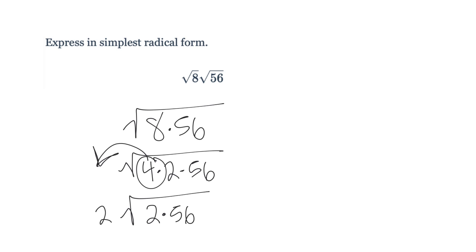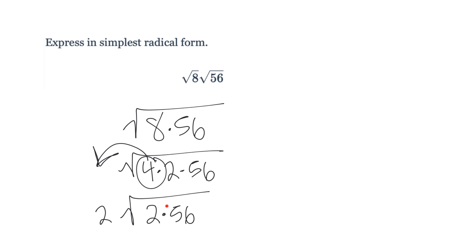Okay, now we need to worry about 56. What hidden squares are there in 56? Let's see. A hidden square is either going to be a 4 times something or 9 times something because 3 times 3 is 9. Or maybe it'll be 16 or 25 or something like that. I'm also noticing that I actually do still have a 2 right here next to the 56.